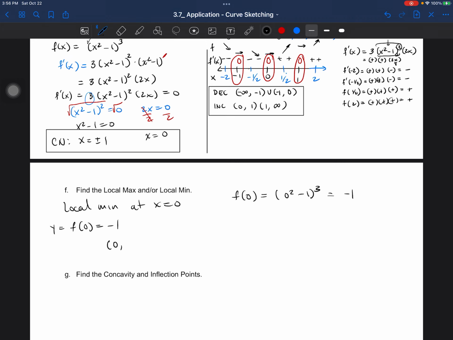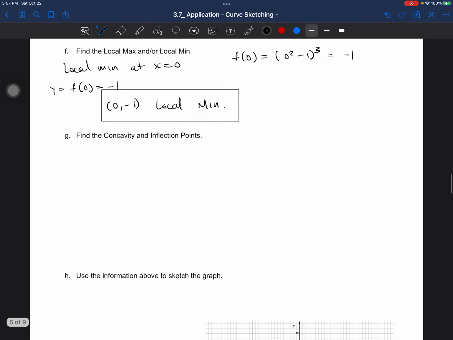That gives us negative 1 to the third power. So y equals negative 1, and 0, negative 1 is the local min. The local min is actually negative 1, but the point where you find it is the point 0, negative 1.